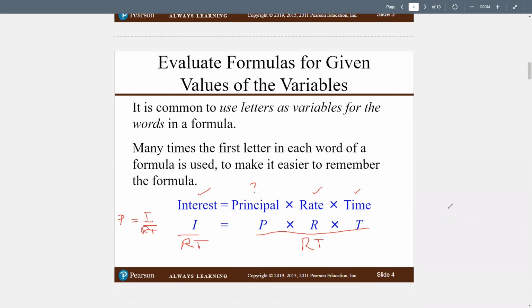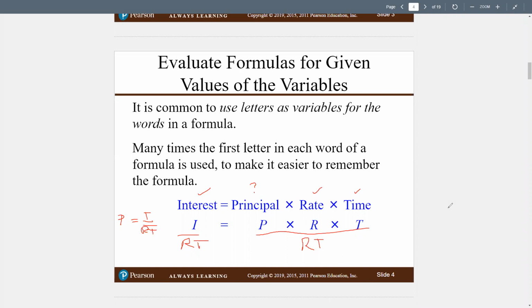So here's something I would highly suggest for anyone. If you have some note cards, or even if you don't want to get note cards and you want to do it in your notebook, I would take this interest formula and I would make a little table.